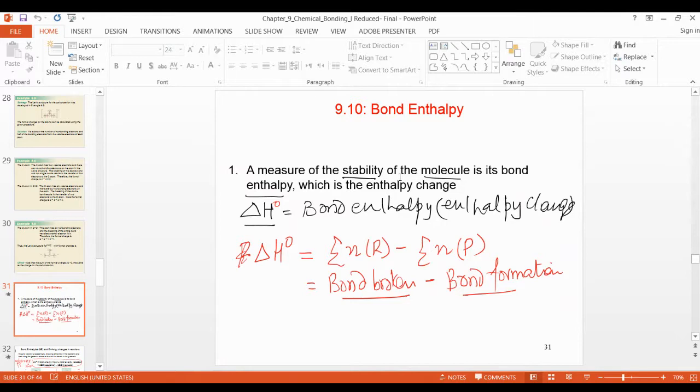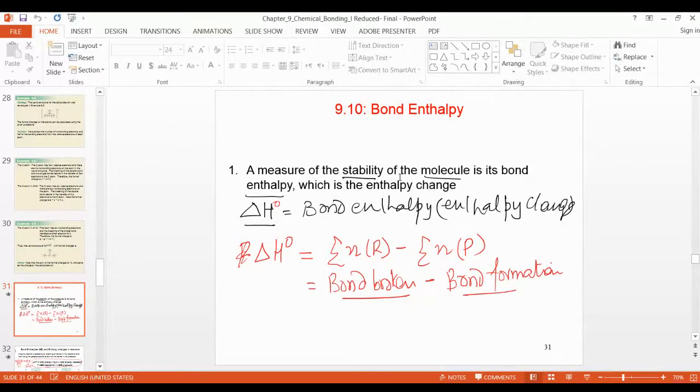This is chapter 9 and that is chapter 6, enthalpy. For enthalpy of a reaction, it is the summation of all products minus reactants. Remember that. But for bond enthalpy, you have to write the bond enthalpy of reactants minus products, summation. So bond broken minus bond formation.